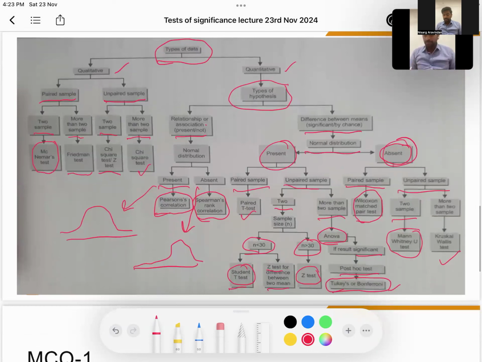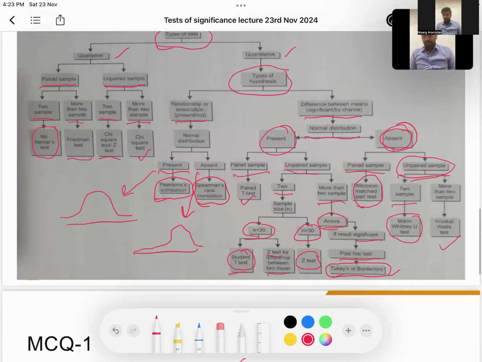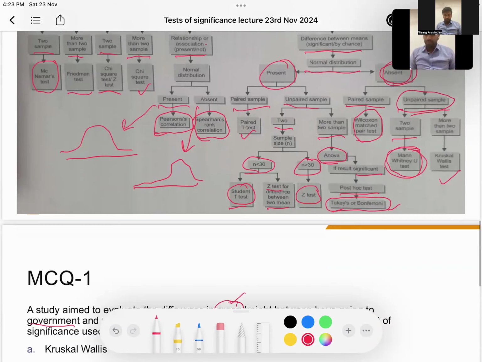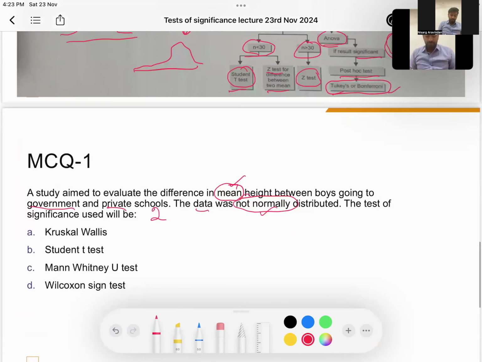Next, we say that you're comparing two different groups. So it's going to be an unpaired one, all right? Next, it's going to be two samples because there are only two groups, so use the Mann-Whitney U test. So we have all these options here. It's very clear. It is the Mann-Whitney U test that we'll be using in this question.